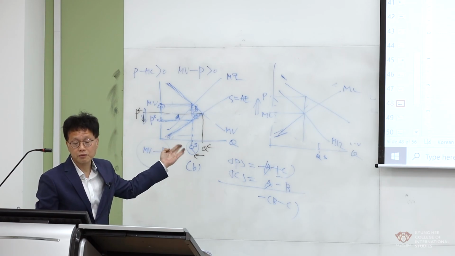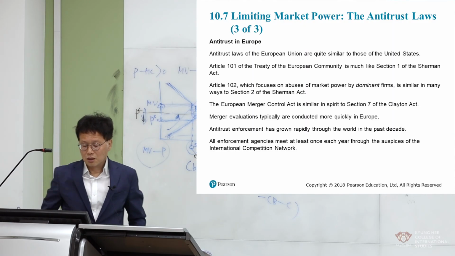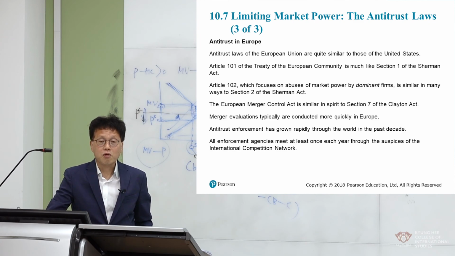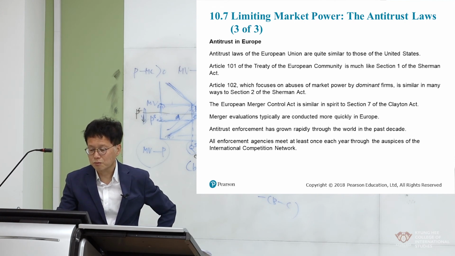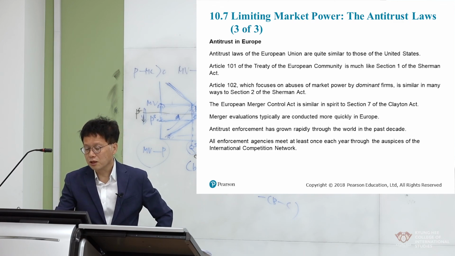That way deadweight loss happens. So using antitrust law, governments of all the developed countries want to increase competition, to increase national welfare. Okay? That is the most important factor in this section. Okay? I'd like to stop here.